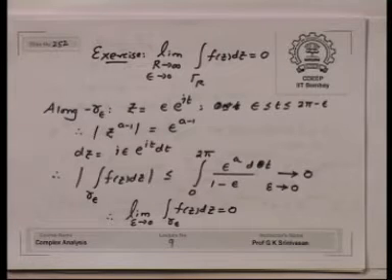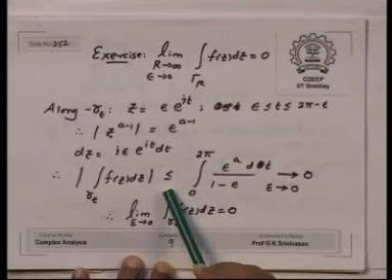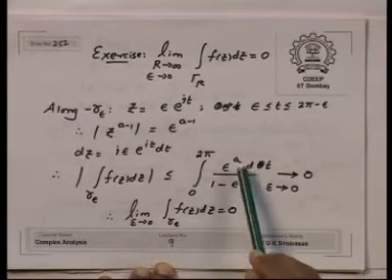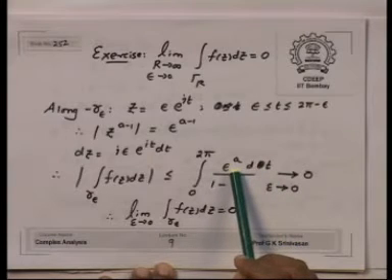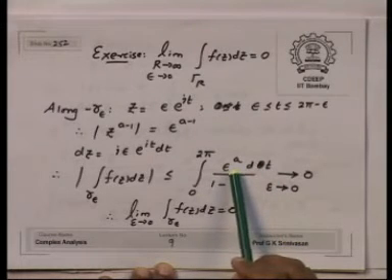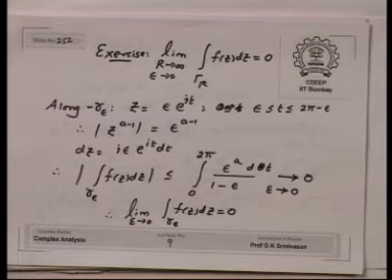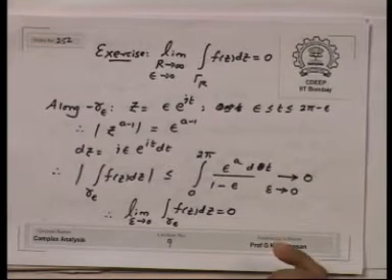Modulus of 1 plus z is greater than or equal to 1 minus modulus z, which is 1 minus epsilon. So, the reciprocal is less than or equal to 1 over 1 minus epsilon. As epsilon goes to 0, remember a is a positive number, so this goes to 0. So, the contribution from gamma epsilon, the little circle, goes to 0.